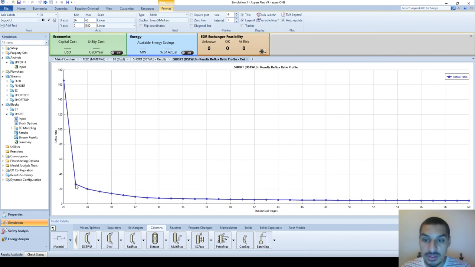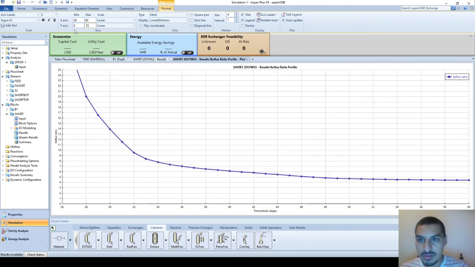But when we go further away from the minimum reflux ratio, the number of stages decreases. It's not easy to see from here because of this big number, so we can set the limit of the y-axis to 25 stages.